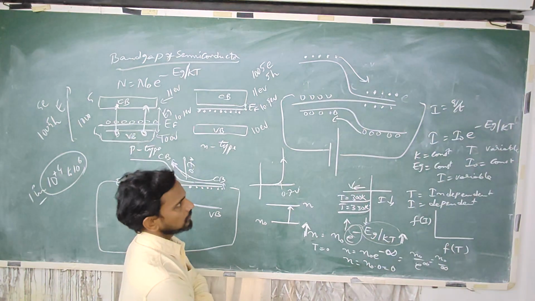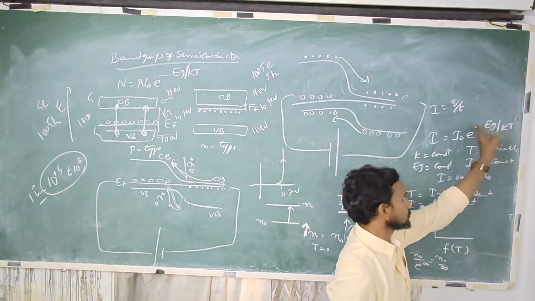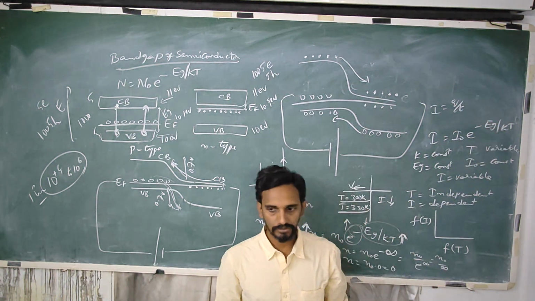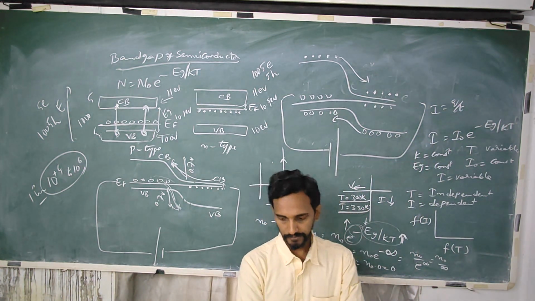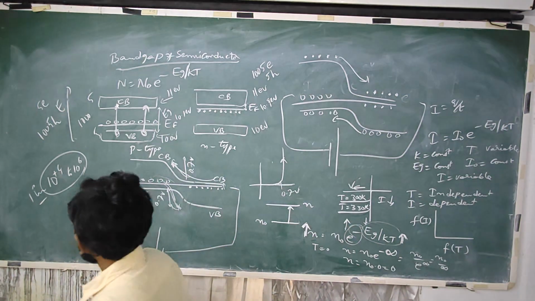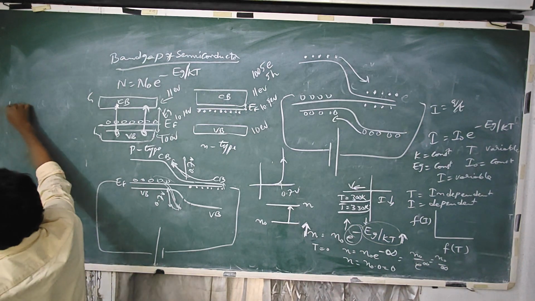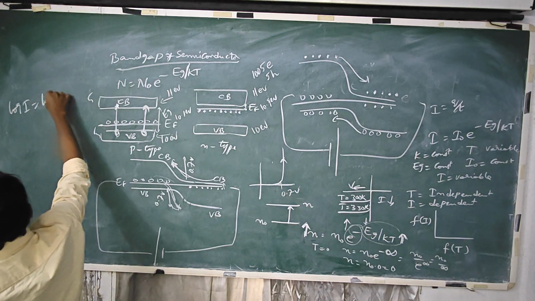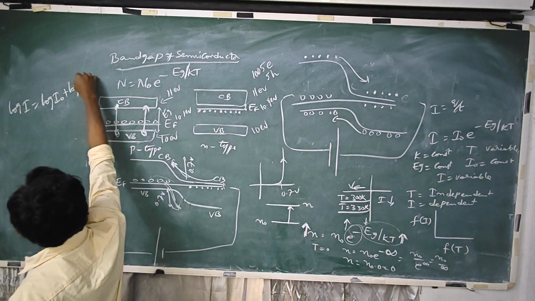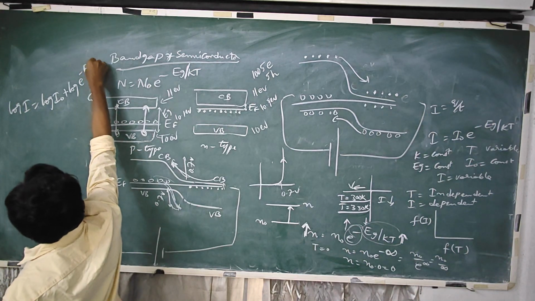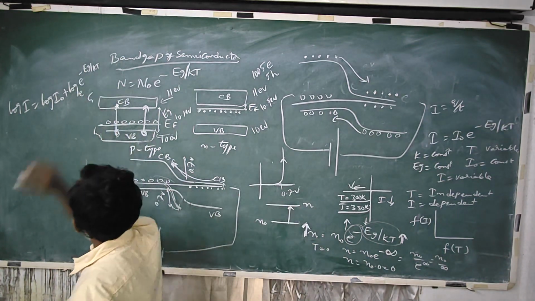So now our ultimate aim is to get the value of Eg. So we need to bring out that Eg from this equation. What do we do to bring Eg out? Okay, so if you take logarithm, what happens? Log I is equal to log I naught plus log e power minus Eg by kT, base e as usual.